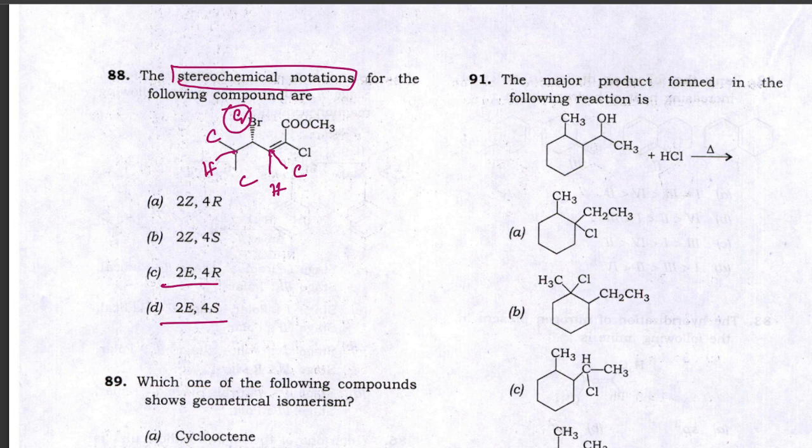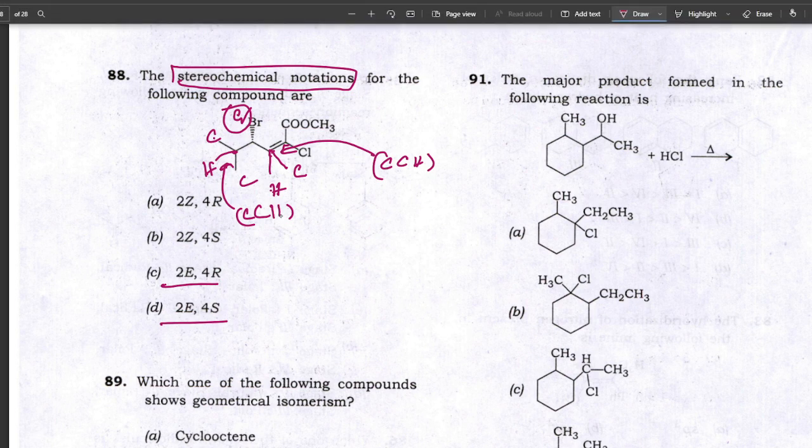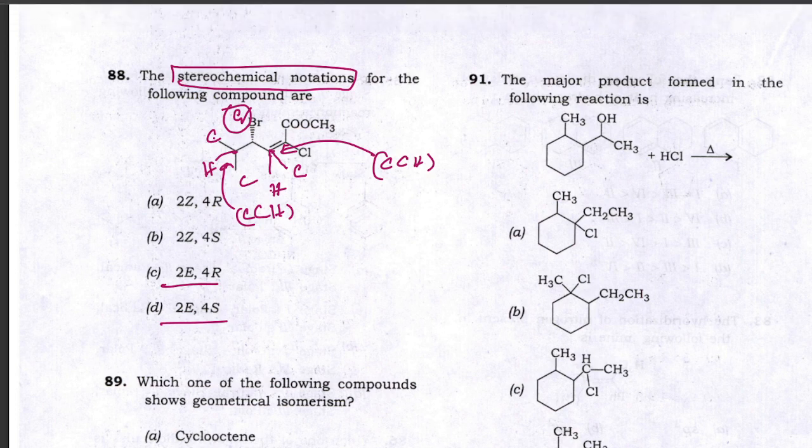Now this carbon is attached with carbon, hydrogen, and this carbon is attached with carbon, carbon, and hydrogen. These two sequences are the same, so you have to move to the next carbon.